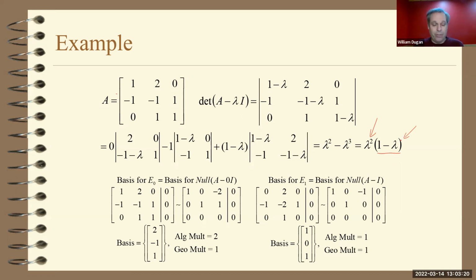But for the same matrix, the eigenvalue 0, the algebraic multiplicity and the geometric multiplicity are not equal. But notice that in each case, the geometric multiplicity is less than or equal to the algebraic multiplicity. That's neat. Let's go ahead and try another one.